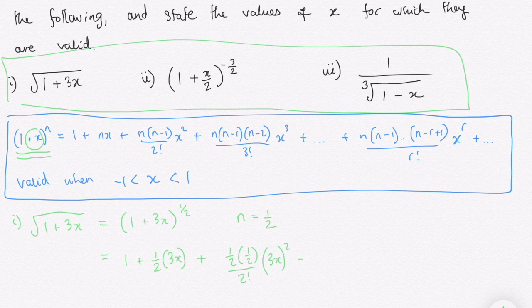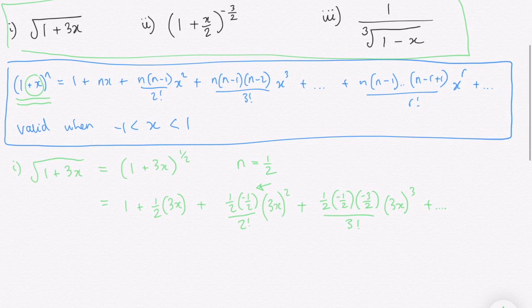And in the question it asks for the first 4 terms, so the next one is going to be n is a half, n minus 1 is minus a half, and then n minus 2 is negative 3 halves, all divided by 3 factorial, multiplied by 3x all cubed, and then adding on those remaining terms.